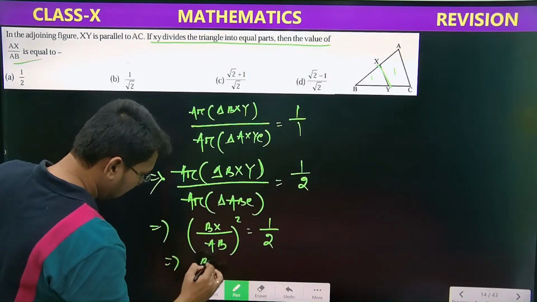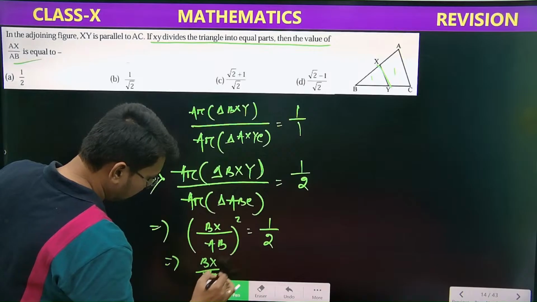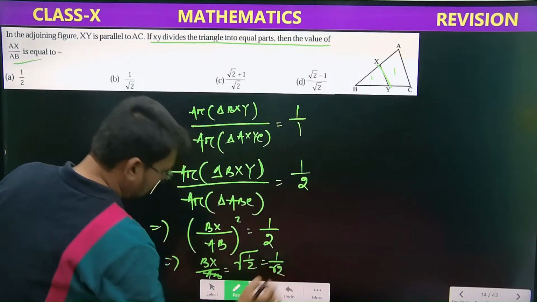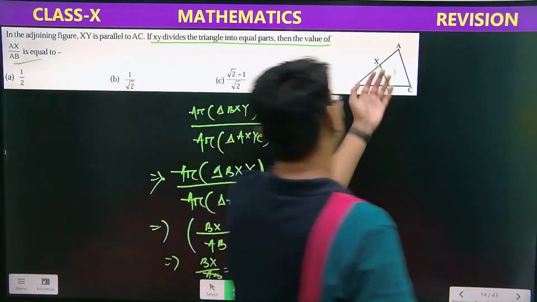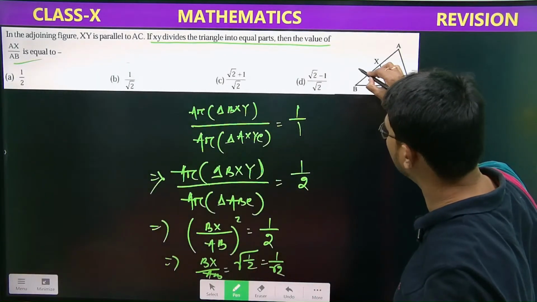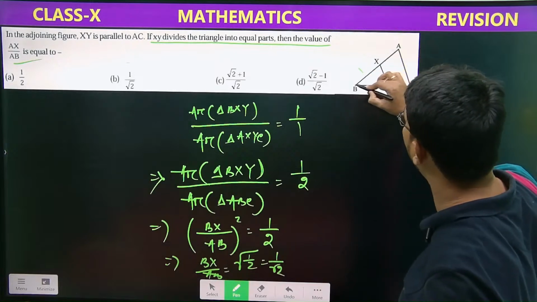Hence BX by AB equals the square root of 1 by 2, which is 1 by root 2. So BX is one part, AB is root 2 parts.